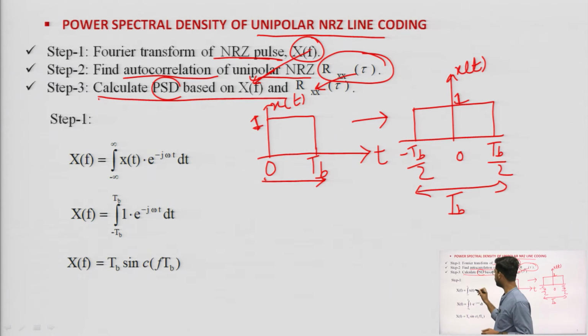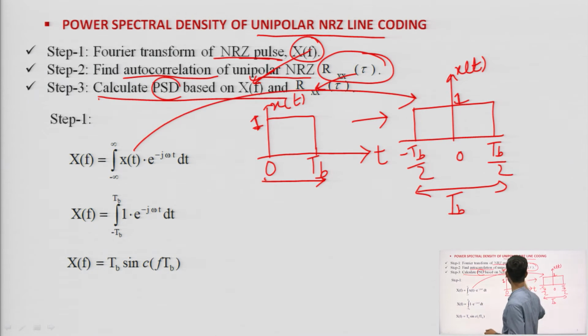Now I will find the Fourier transform of this x of t. The Fourier transform is the integration from minus infinity to infinity of x of t multiplied by e to the minus j omega t dt. Your x of t is 1 for minus TB by 2 to plus TB by 2.